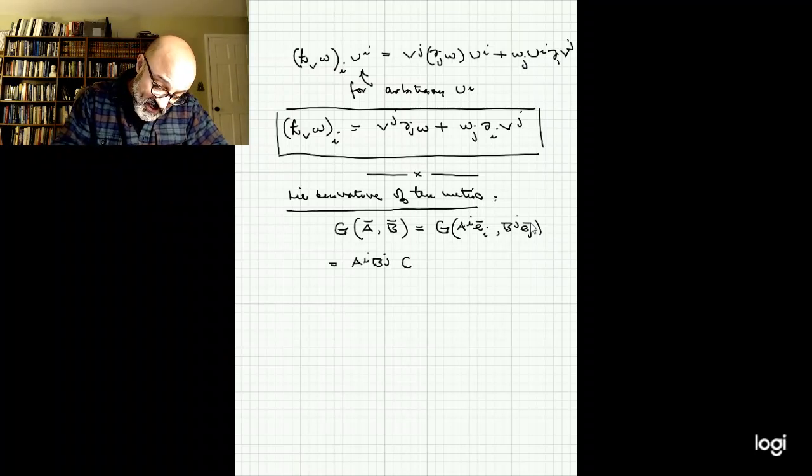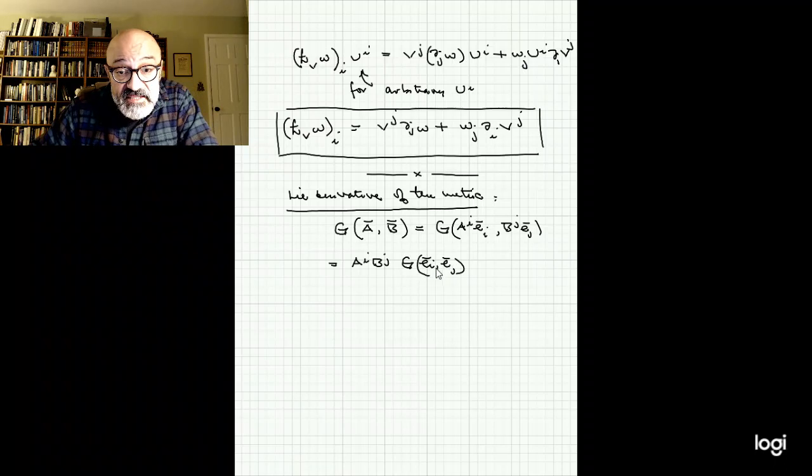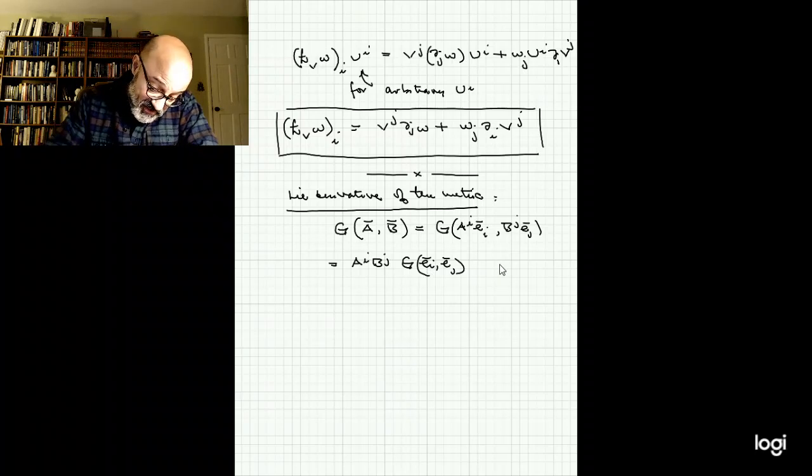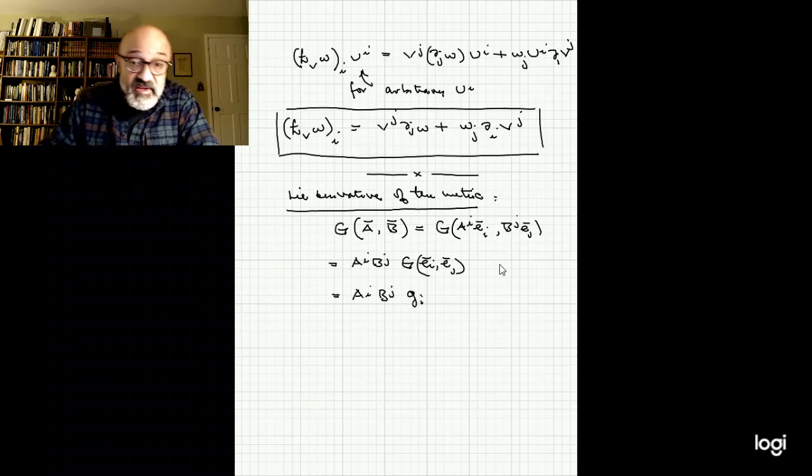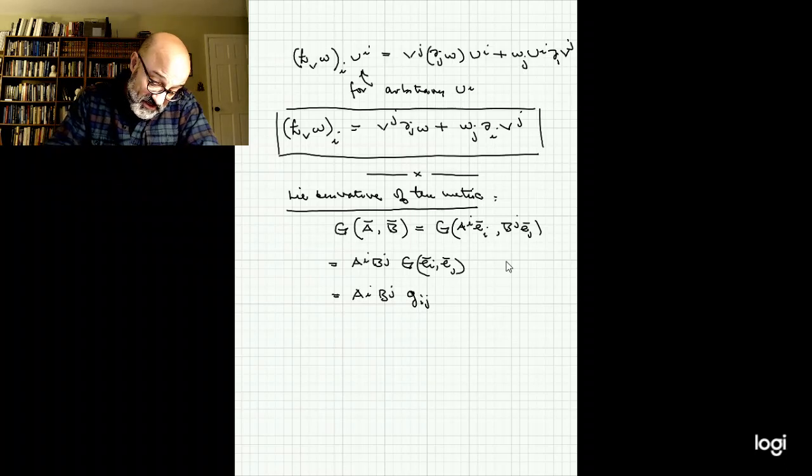And whatever remains is the metric tensor acting on the basis vectors. So this is just the scalar product of the basis vectors. This object here is what we call the components of the metric tensor.